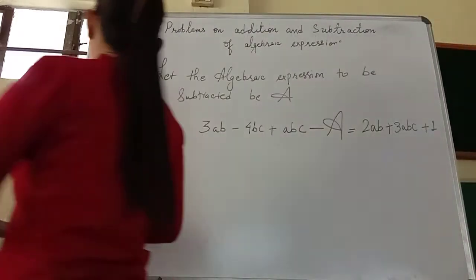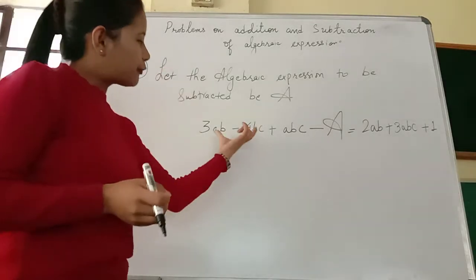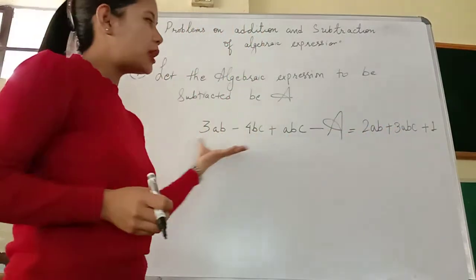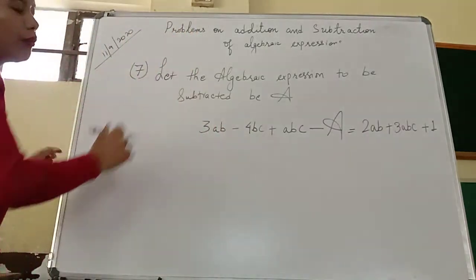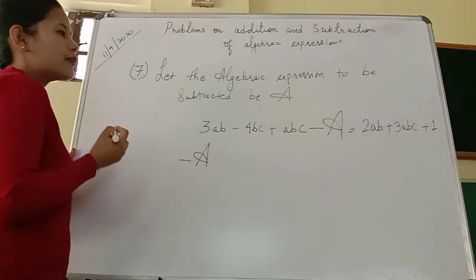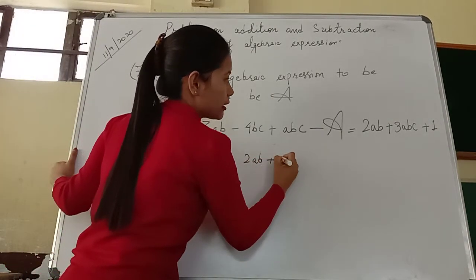Okay, so this is the question. So they are asking how much should be subtracted from this expression to get this. So we formulated it. Now we need to find the value of A. So we keep A on the left hand side. So we write whatever is given on the right hand side as it is.